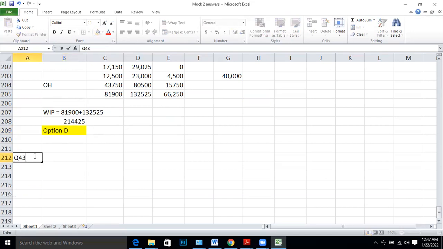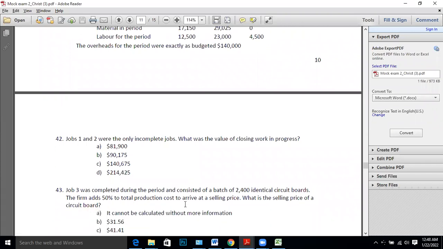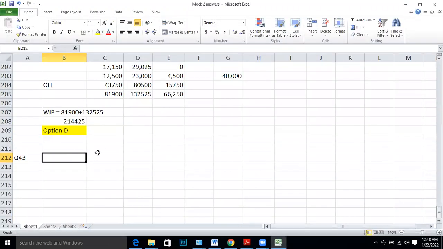Question number 43. Job 3 was completed during the period and consisted of a batch of 2,400 identical circuit boards. Firm adds 50% total productive cost to arrive at a selling price. What's the selling price of a circuit board? 2,400 boards are there. Cost is going to be 66,250, then profit is 50% of this.